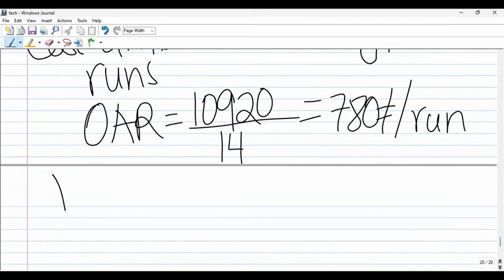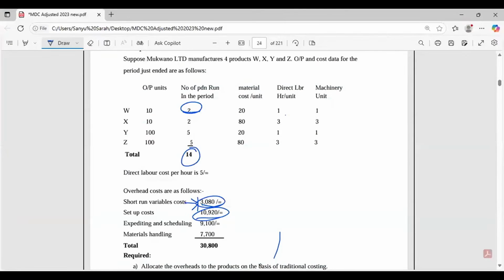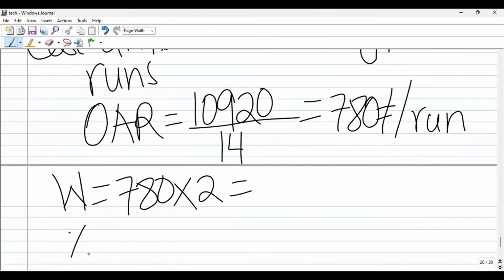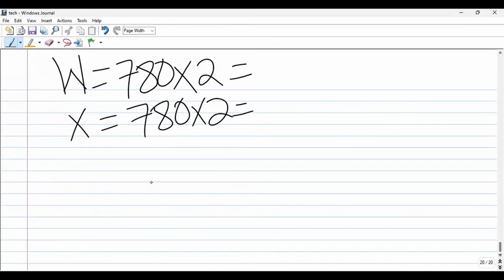So we show product W as 780 times the number of runs for product W. The number of runs for product W is 2, so 780 times 2. X, 780 times 2. Y, 780 times 5.